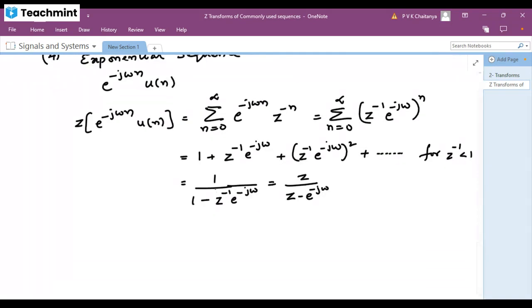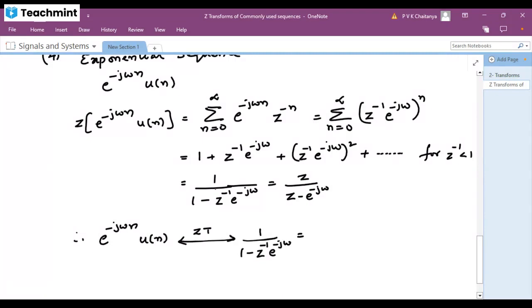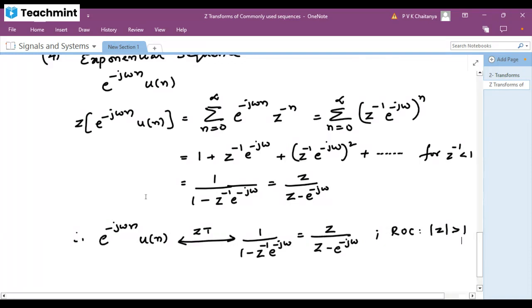Therefore, the Z transform of e power minus j omega n u of n, I can write either as 1 by 1 minus Z inverse e power minus j omega, or else as Z by Z minus e power minus j omega. So the ROC is the same, mod Z should be greater than 1.